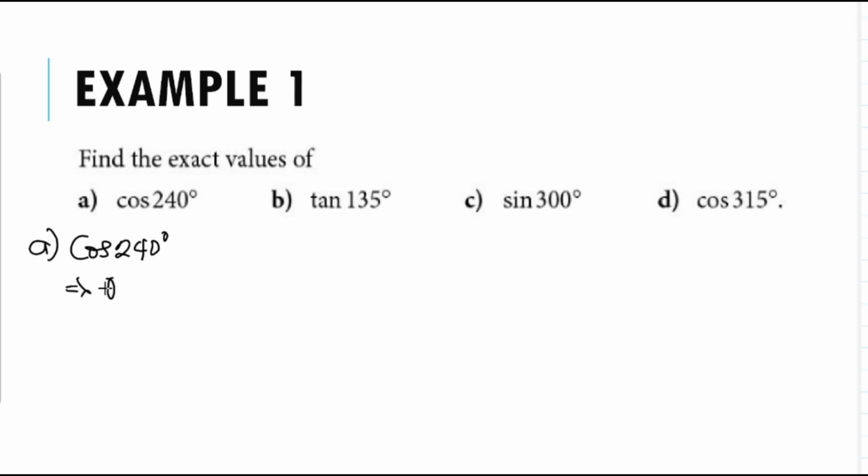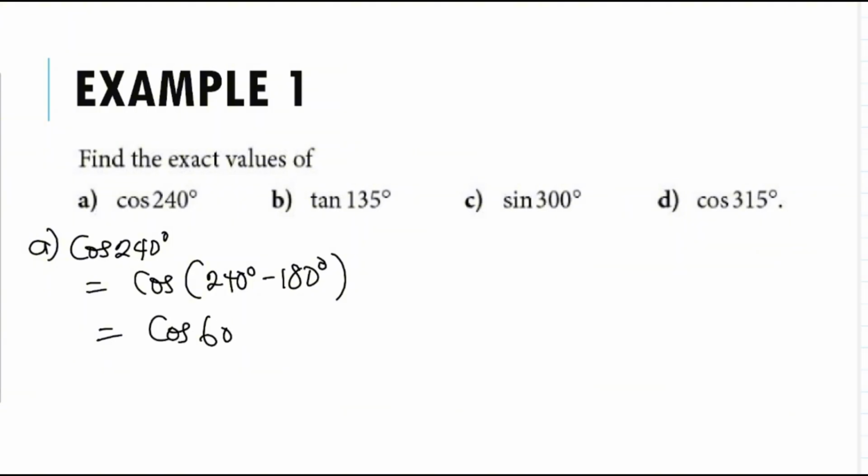So in the third quadrant, our reference angle is theta minus 180. So cos 240 equals cos of 240 minus 180.